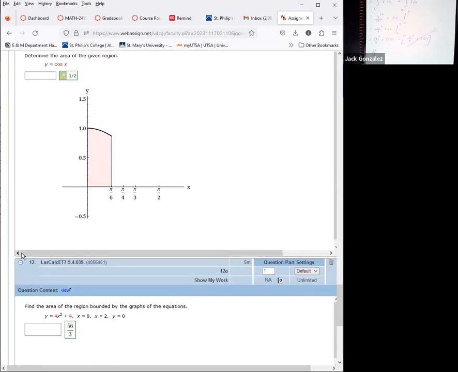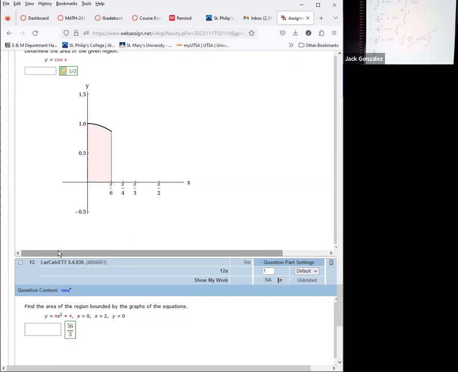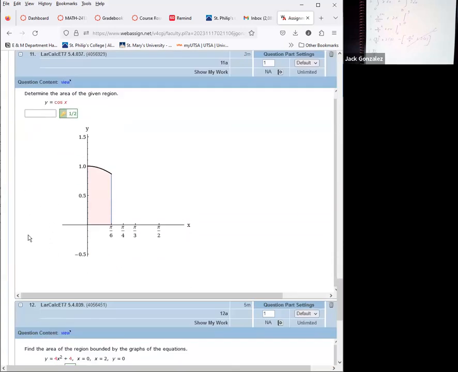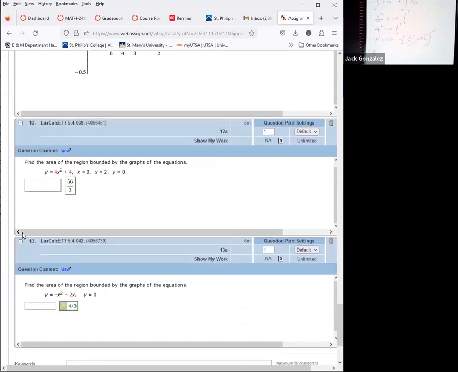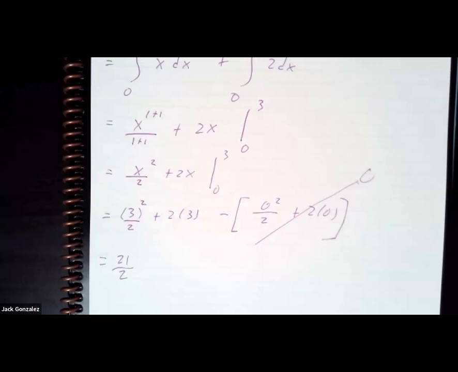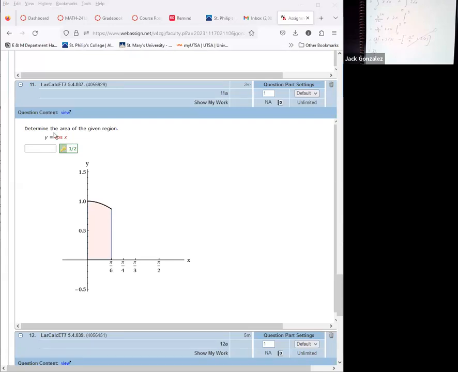Let's go ahead and do 11 and 12, I guess. So since they gave us a picture, they're telling us to find the area underneath cosine, which is this shaded region from 0 to pi over 6.